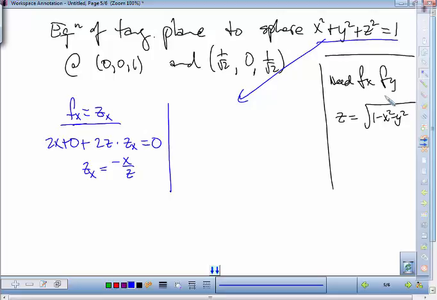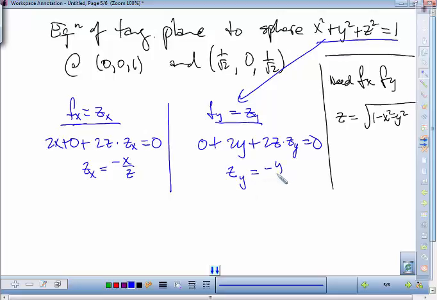And, all right, so fy, if we go through similarly, we're going to get 0 plus 2y plus 2z times the derivative of z with respect to y. And then solve for the derivative of z with respect to y, and then you get negative y over z.